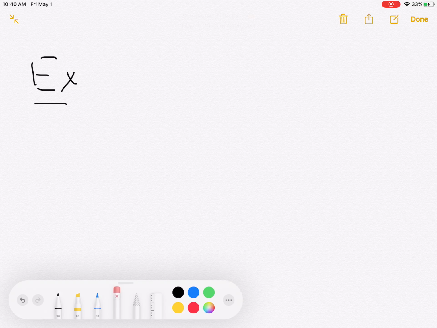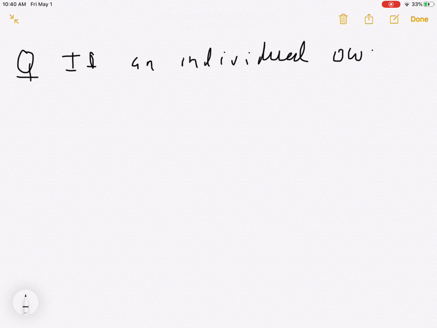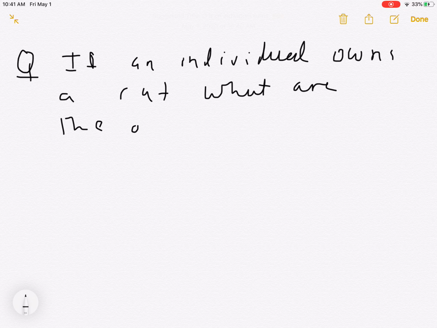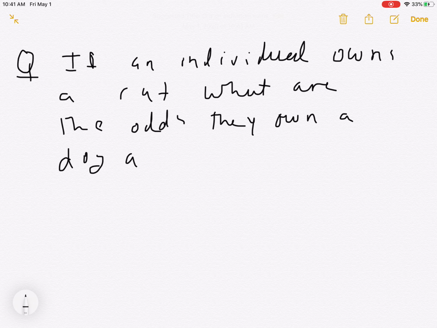If an individual owns a cat, what are the odds they own a dog also?